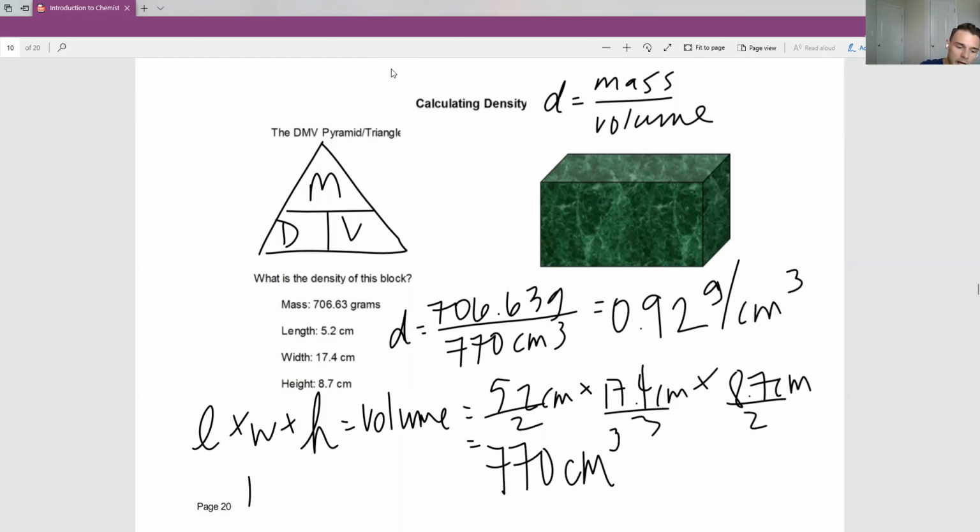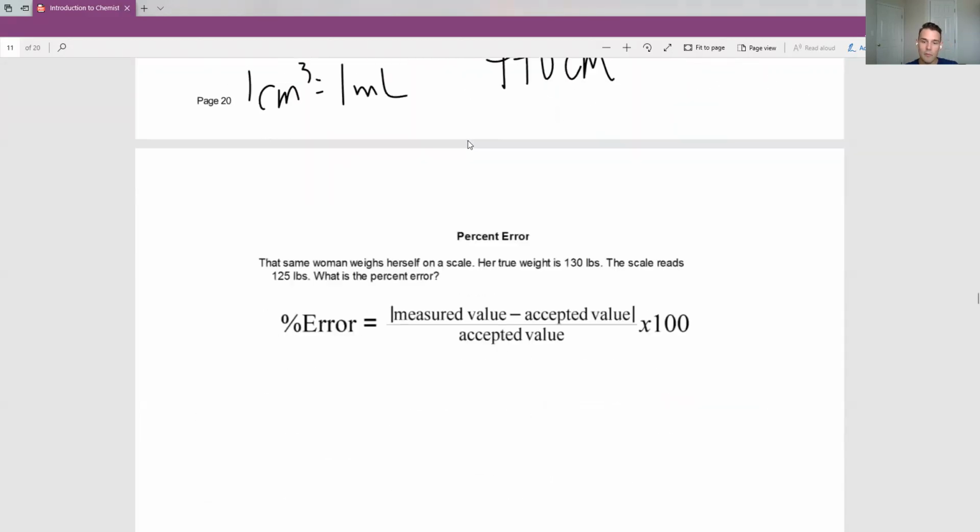And just an FYI, 1 cubic centimeter is 1 milliliter. So if that ever comes up, you don't have to worry about not knowing what a cubic centimeter is. It's the same thing as a milliliter. There will be an online virtual lab for you to do with density, so it'll give you extra practice. That's it for the notes.